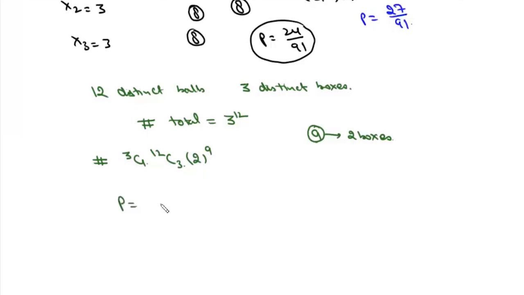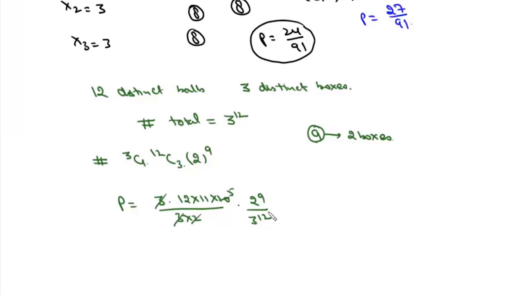So in this case, the required probability will be 3 into 12, 11, 10 over 3 into 2, into 2 to the power 9, upon 3 to the power 12. Now this 3 will cancel.